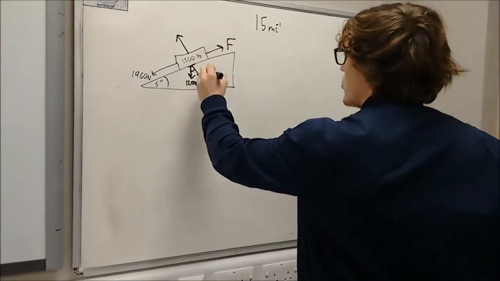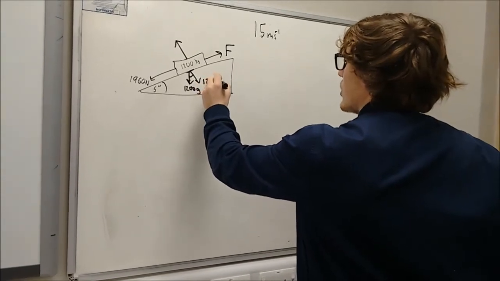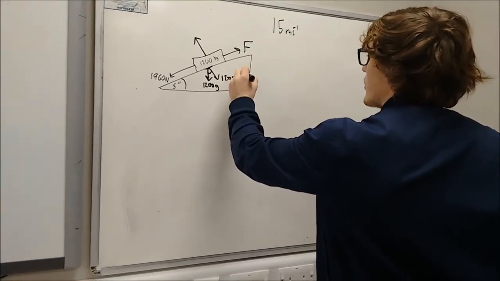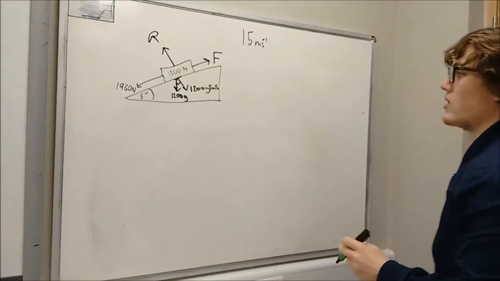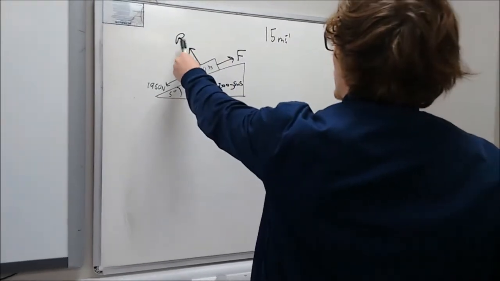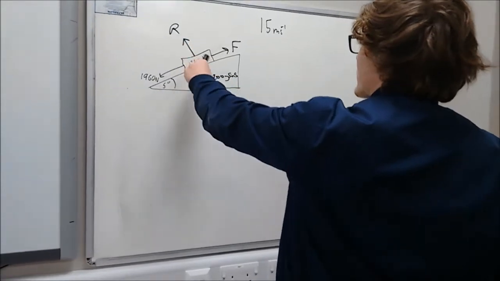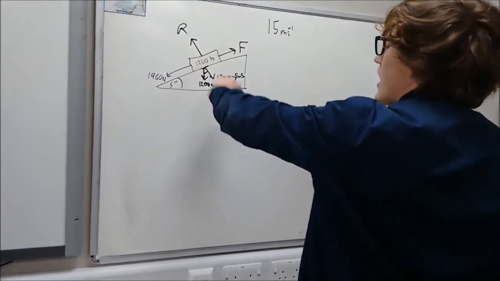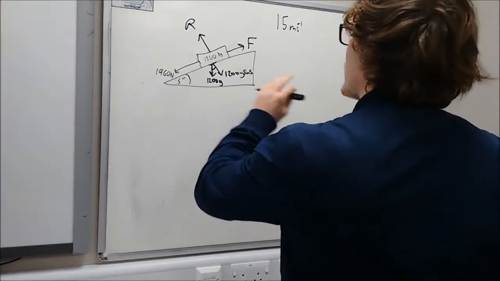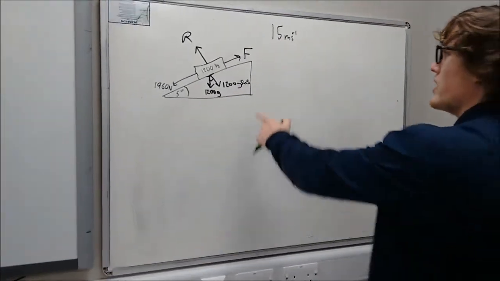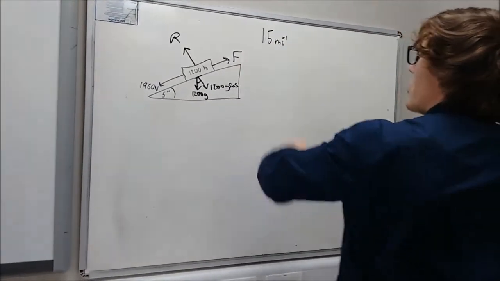So that's a simple one there, 1200 G sine 5. And that will also be the same up here, the reactive force. We know reaction force is the same as this gravitational force here, acting down. That's all in equilibrium.